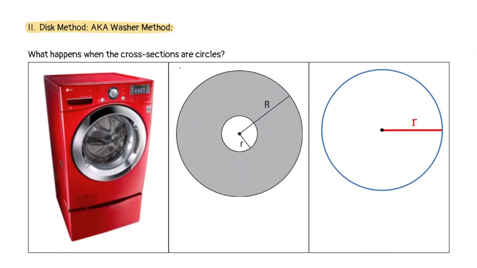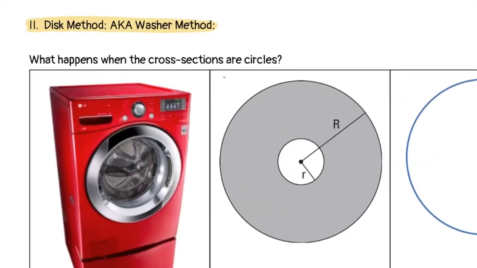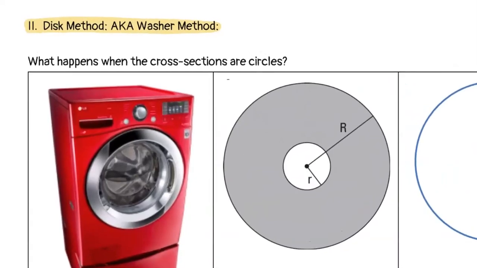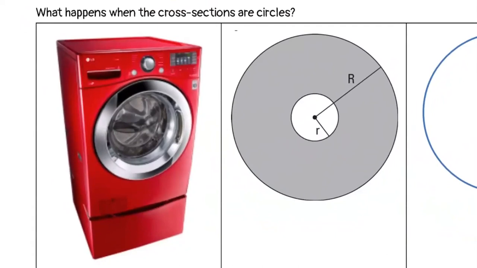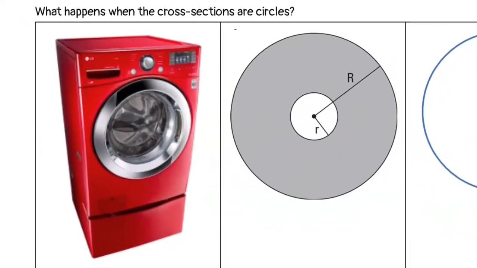But anyway, why does all of this matter? Well, there's a method that we're going to learn tomorrow, something called the disc method, but it's also known as the washer method. When I think of the word washer, the first thing that comes to mind is a washing machine. Nowadays we have the front loading washers, which is a little bit easier to see.